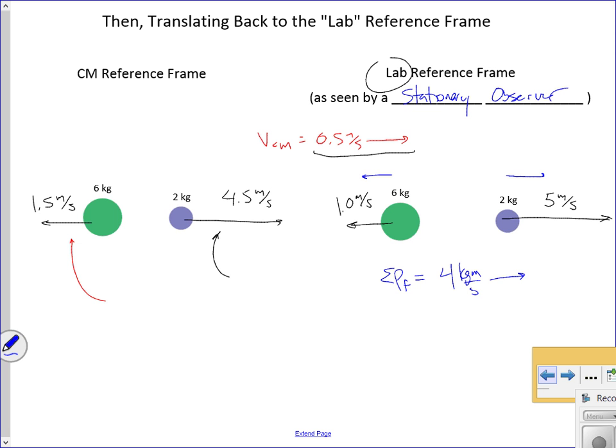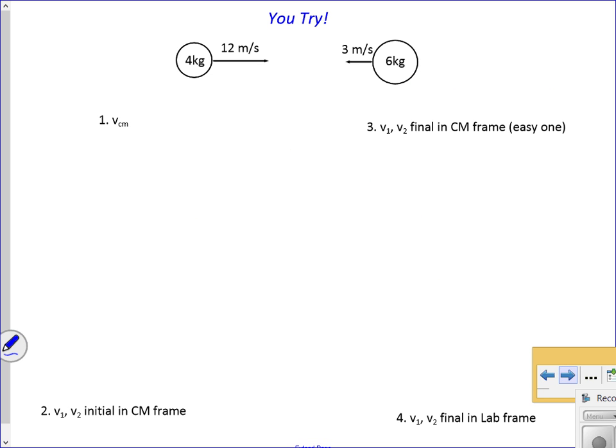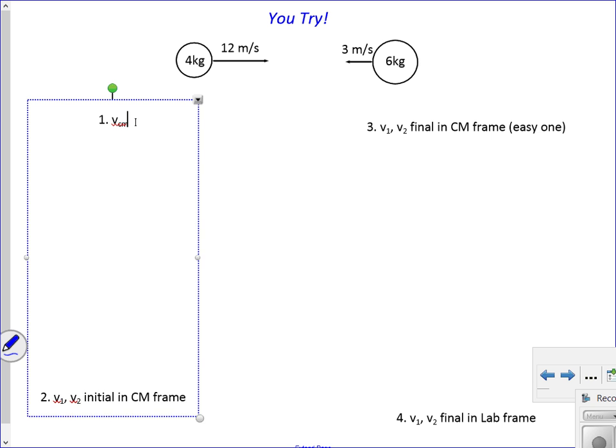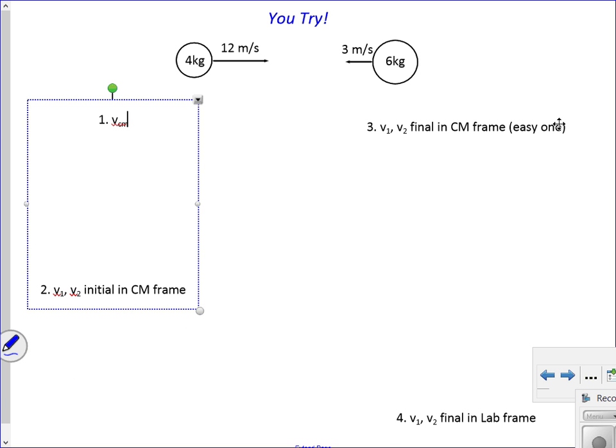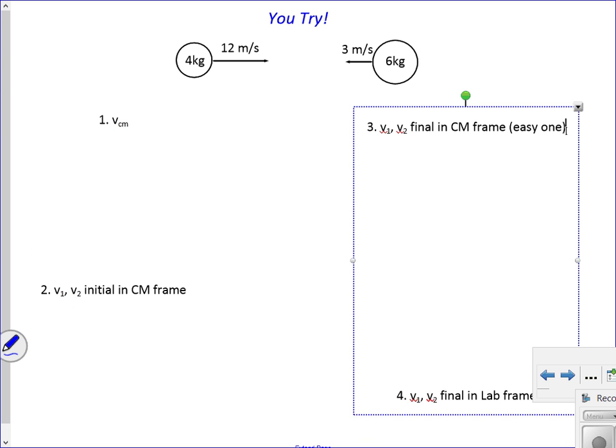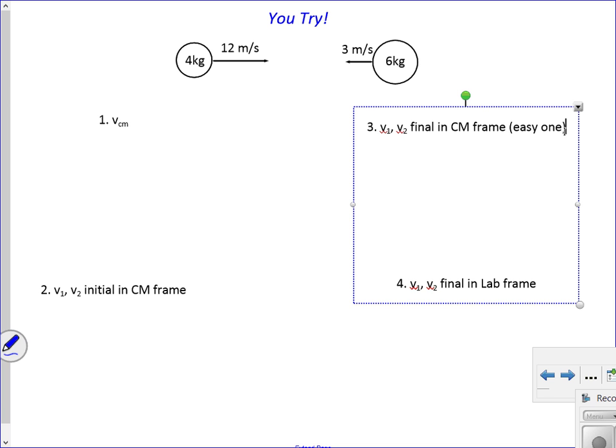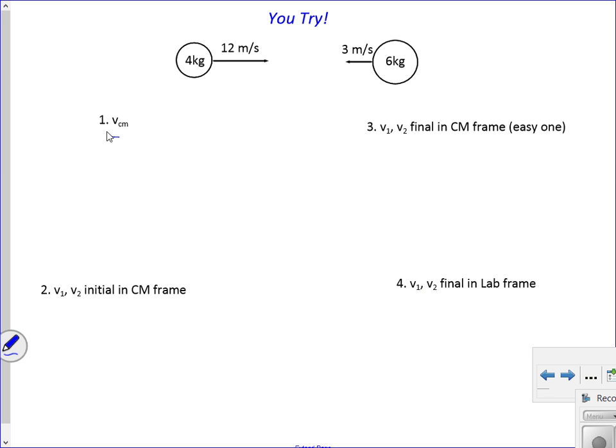Okay? All right, so you will try this one. You should try this one. And I recommend the following process. That process is, first, find the center of mass velocity. Here's the tricky part.